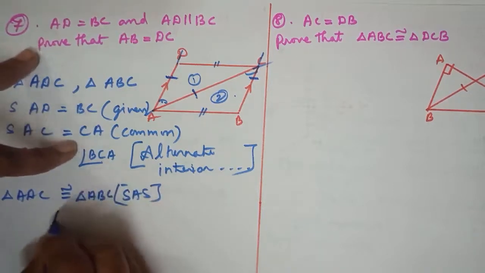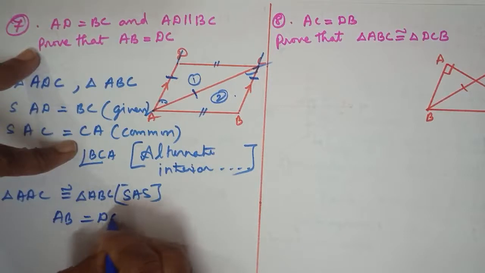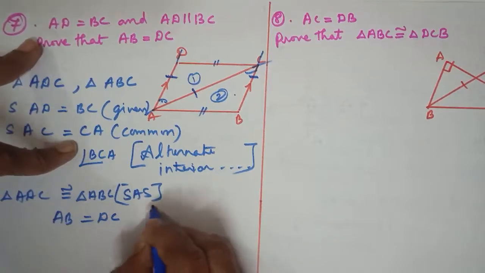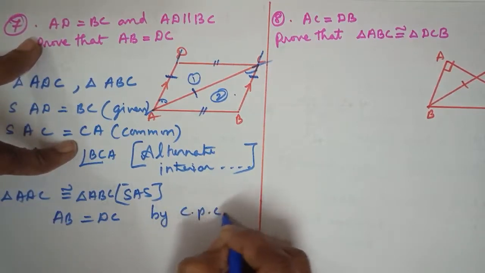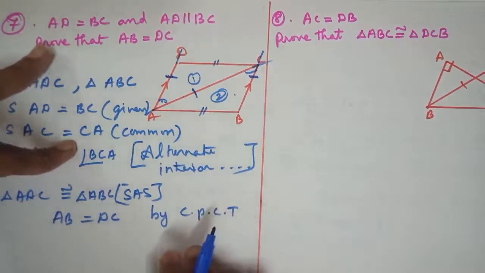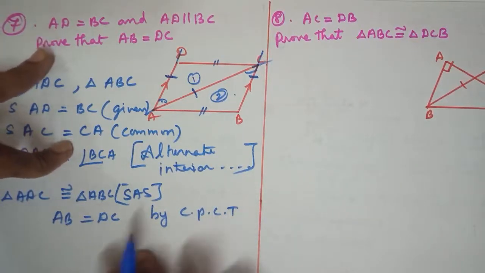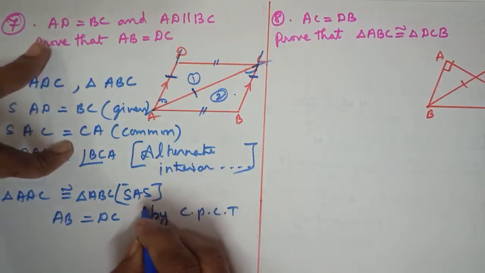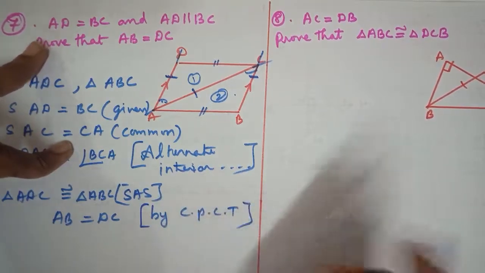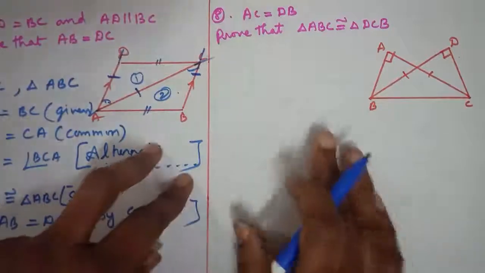Then we can easily say that AB is equal to DC by CPCT. You have to write by CPCT, or otherwise corresponding sides are equal, corresponding angles are equal. You have to write any one, no problem. Okay, students.